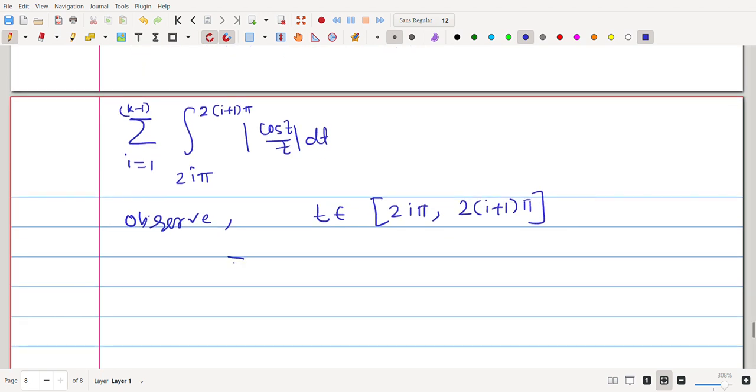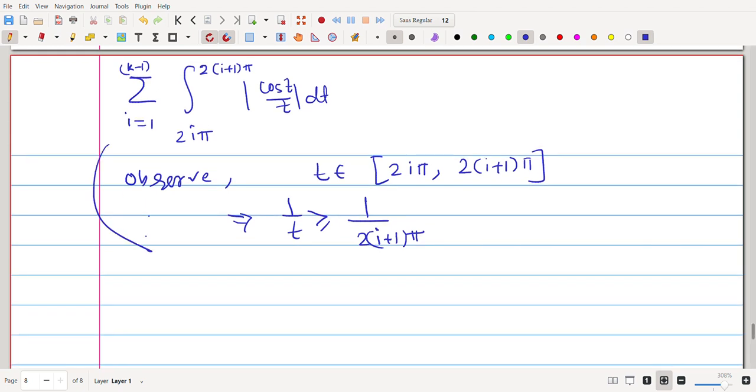That will imply 1 by t is greater than or equal to 1 by (2i plus 1) pi.